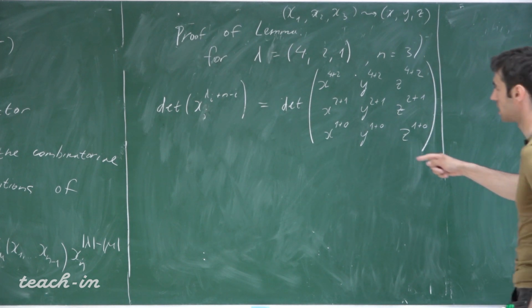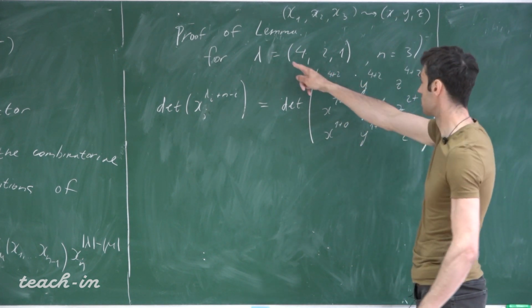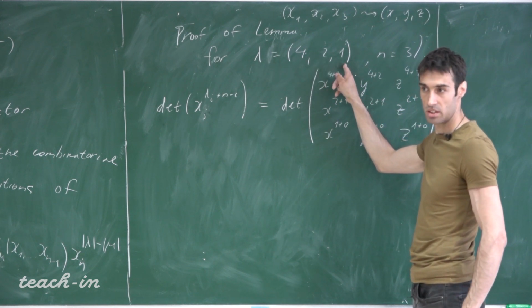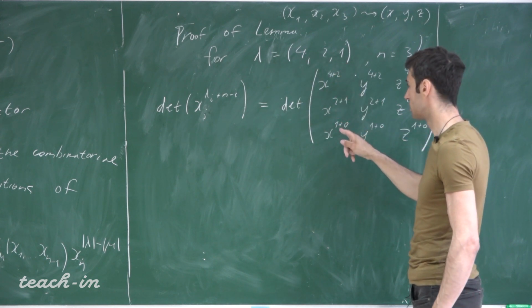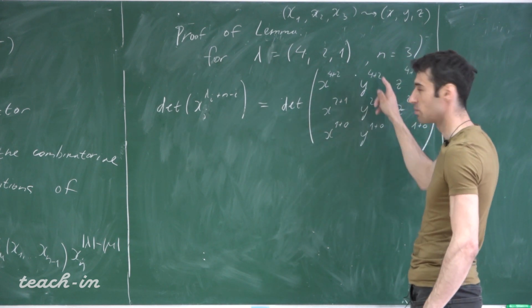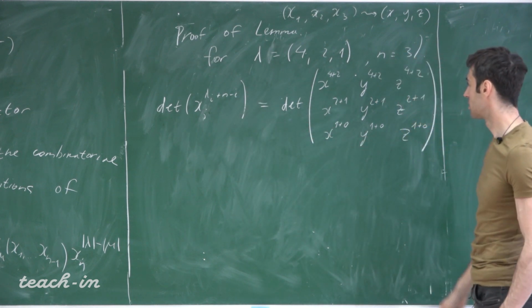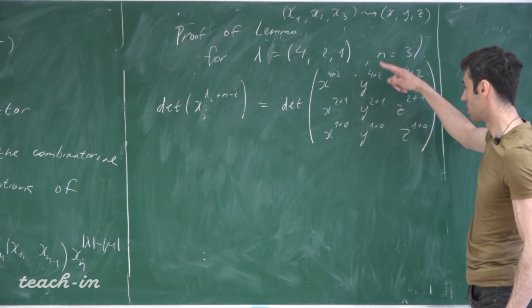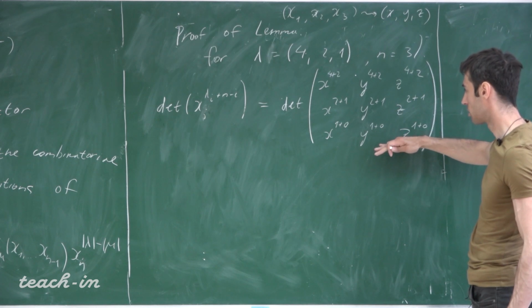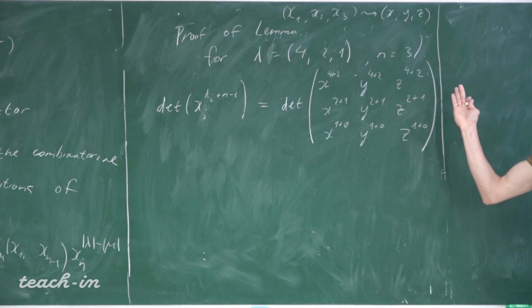You see the pattern, right? What's here, 1 to 4, is this lambda. And then plus n minus i is this 0, 1, 2 part. This is how we change from row to row, and from column to column we just change variable.